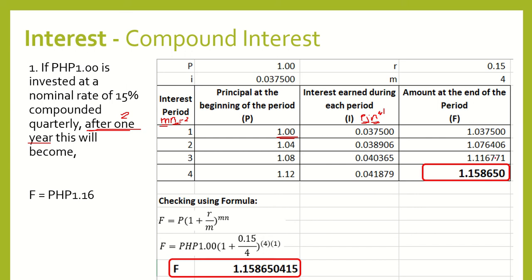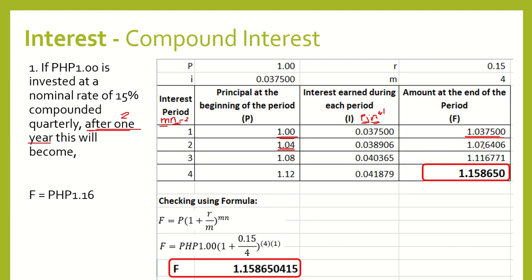Then after a single compounding, it becomes 1.037500. Then second, although here it's rounded to 4, actually I used the exact value so that the rounding error will be much less. We have an accurate value.